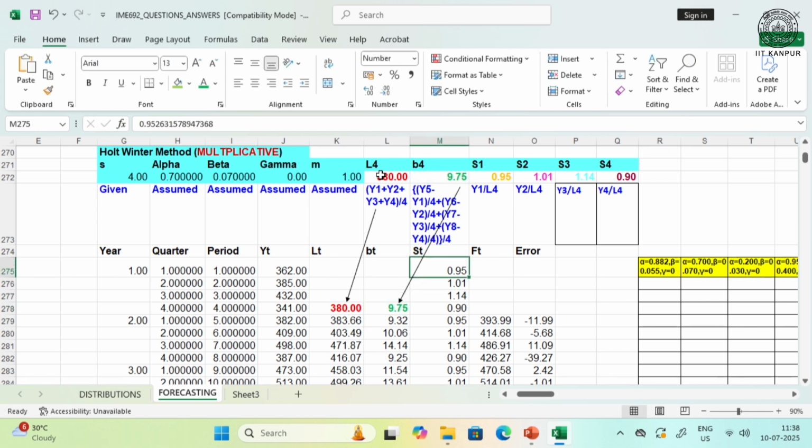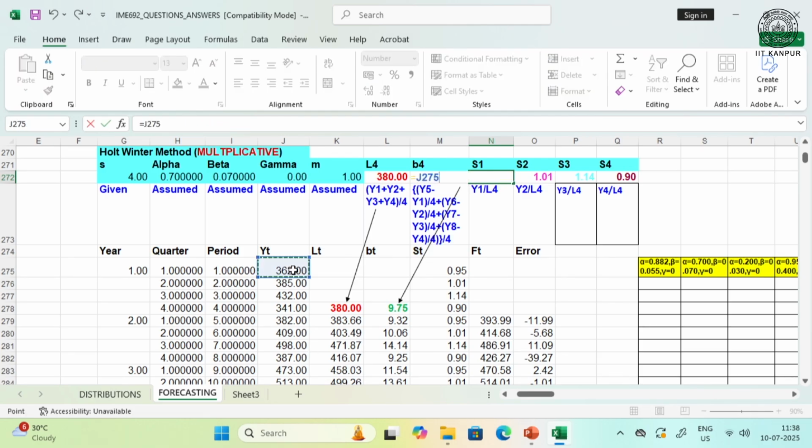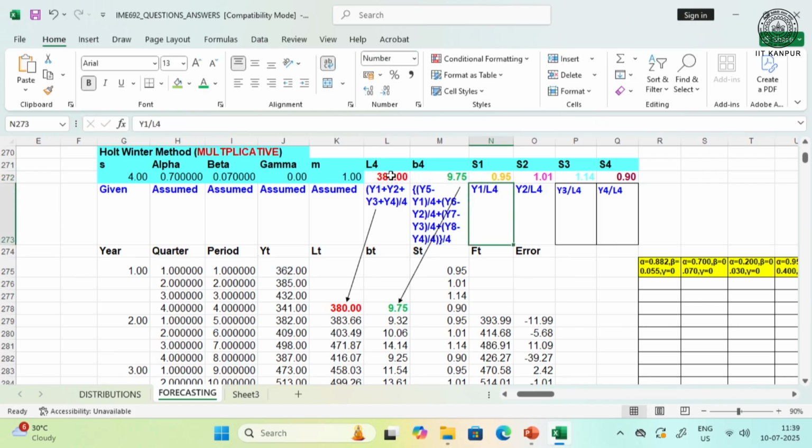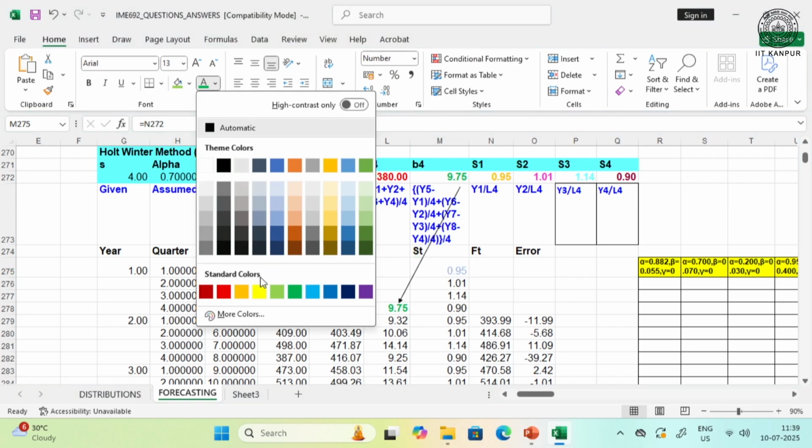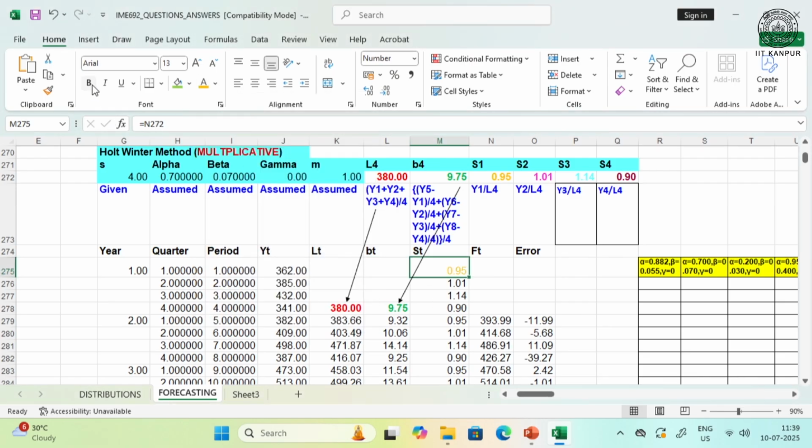Now, this 0.95 would be the S1 value. S1 value you know is y1 divided by L4. L4 is basically 380. So, this is 0.95. 0.95 goes to this cell which is marked. I should mark it with the yellow color as given, so it should be bold. So, the arrow comes here.